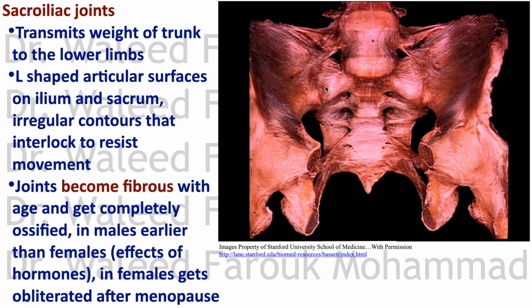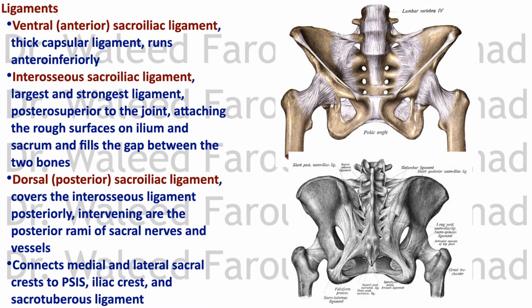Okay, they ossify with age, and in men before women because of the effects of the hormones. In females the joint gets obliterated after menopause. It solidifies, ossifies. But before that it allows only for a slight gliding movement in the sacroiliac joints.